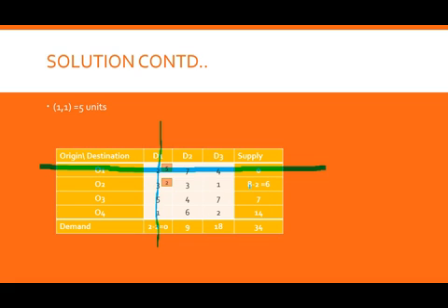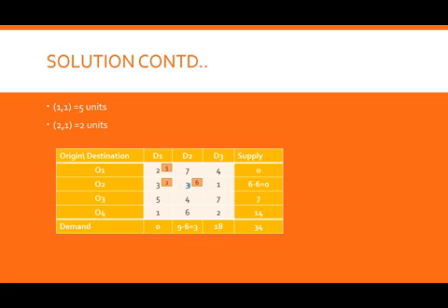So what happened to the supply? Supply was 8. So I have already satisfied 2. I am remaining with 6. So this is my remaining cost matrix, which is the top left corner, 3. So my next assignment will be made at 3. Have a look. So this row is exhausted.